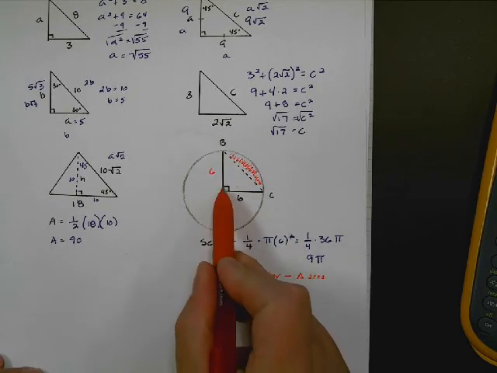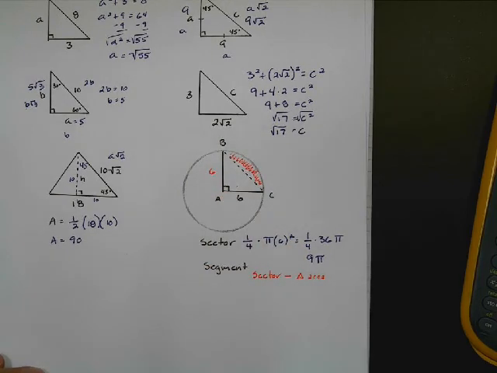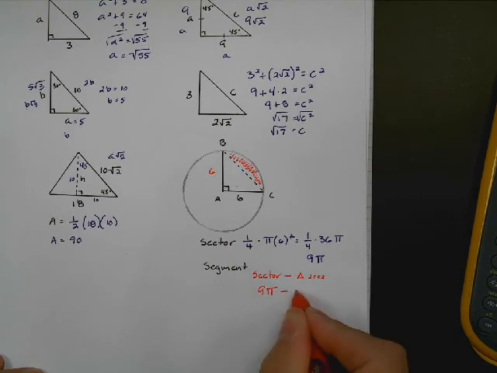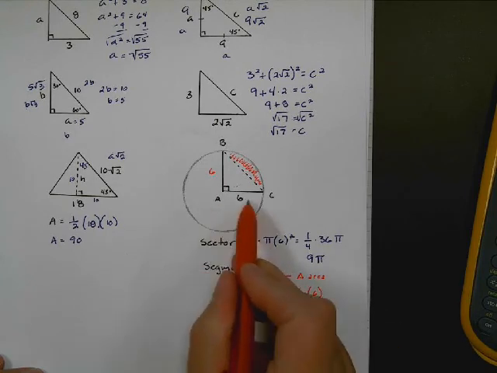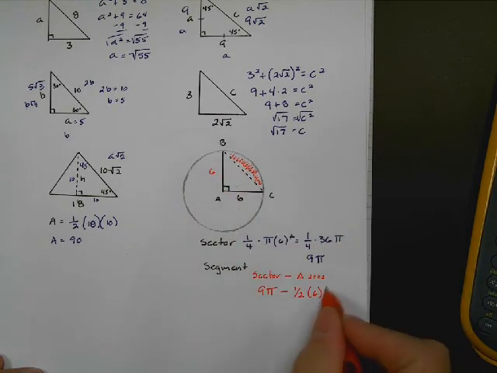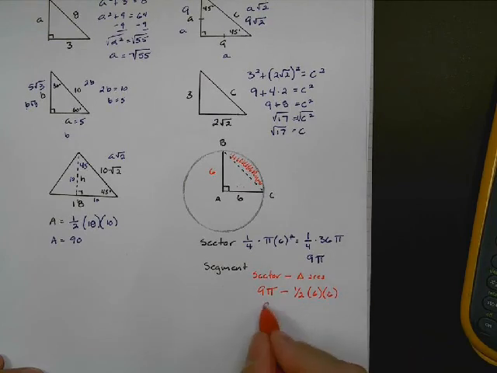I know these are the base and height because this is the 90-degree angle. So we already said that the sector area was 9 pi, and then I'm going to subtract 1/2 6 times 6. Base of 6, height of 6. So I get 9 pi minus half of 36, which would be 18.